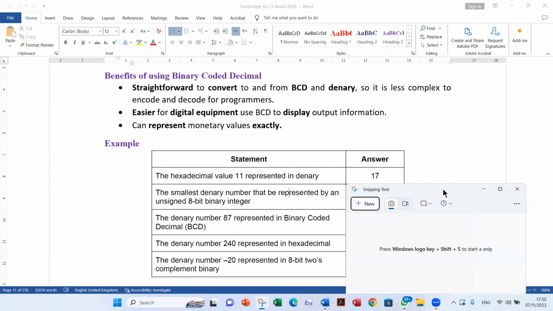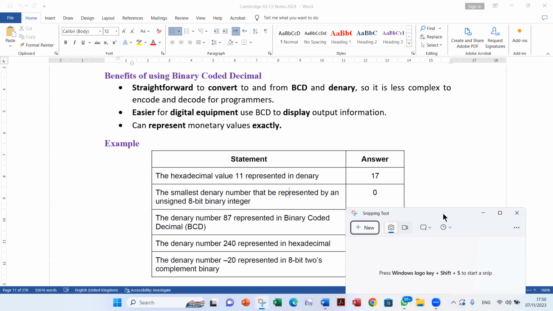The smallest binary number that can be represented by an unsigned 8-bit binary integer. Unsigned means there are no negatives, so the smallest value will be just 0.